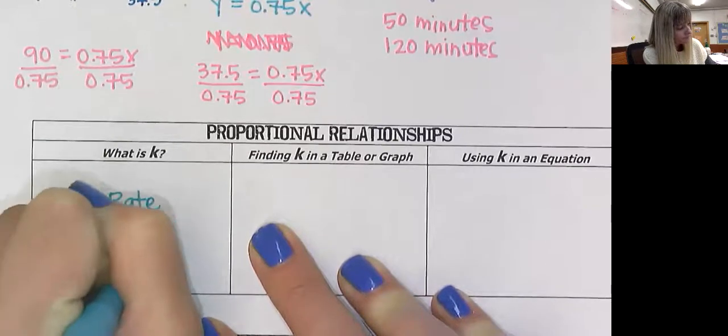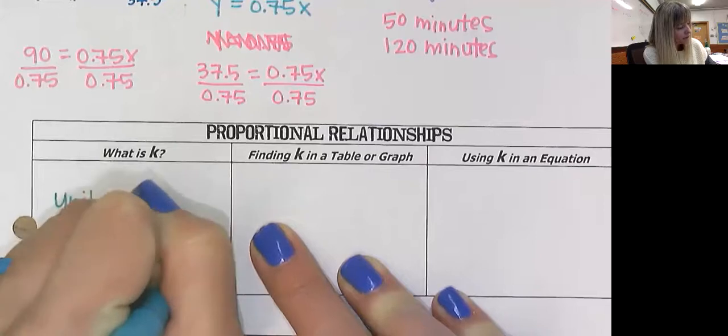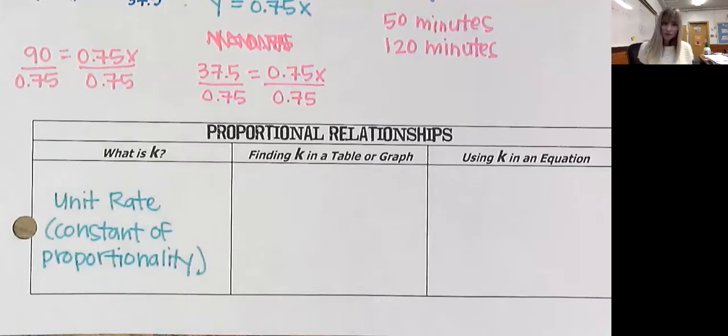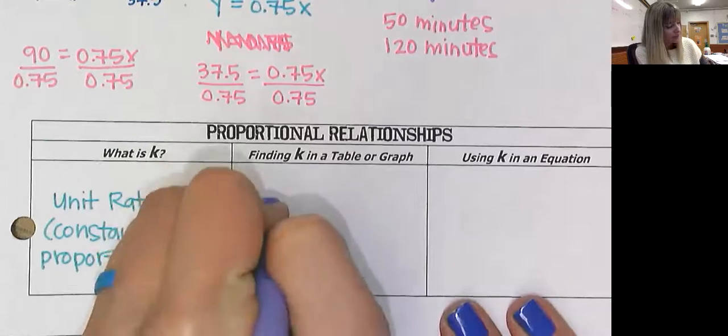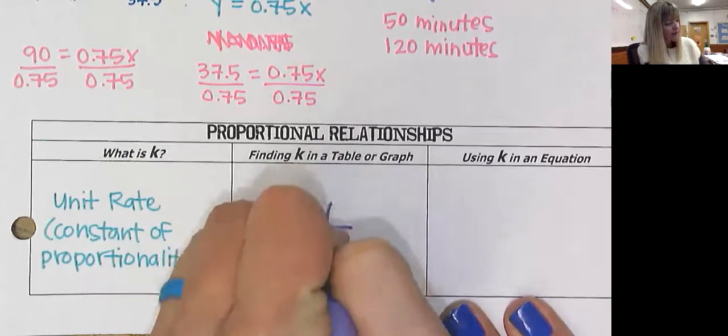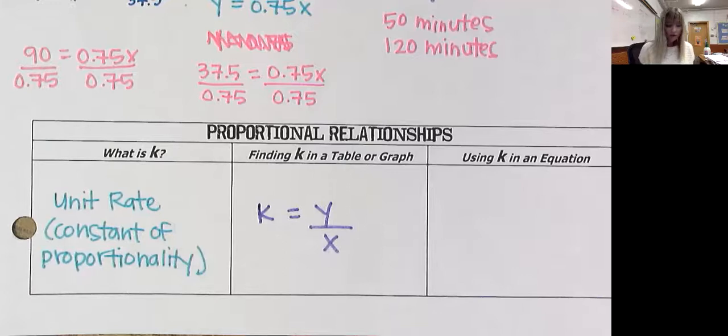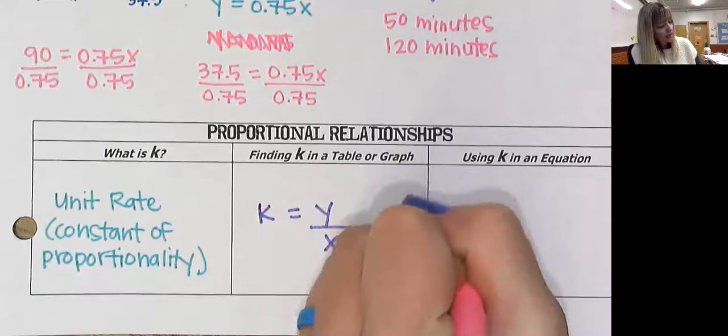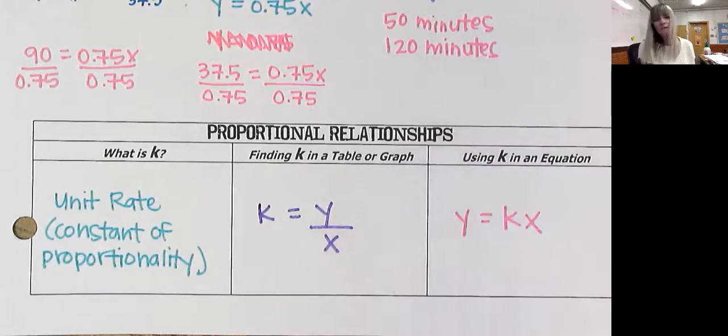Remember that? Big fancy language. It's the unit rate, constant of proportionality. Finding K in a table or a graph is still y over x. So it's very important that you have those variables defined. And using K in an equation is y equals kx. We're still going to use all of those skills to help us solve problems.